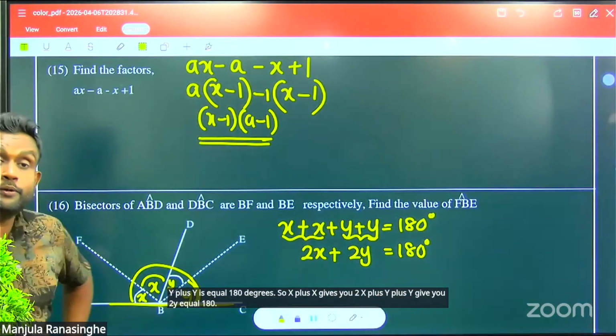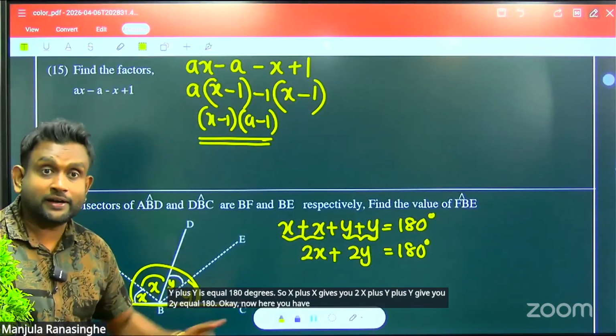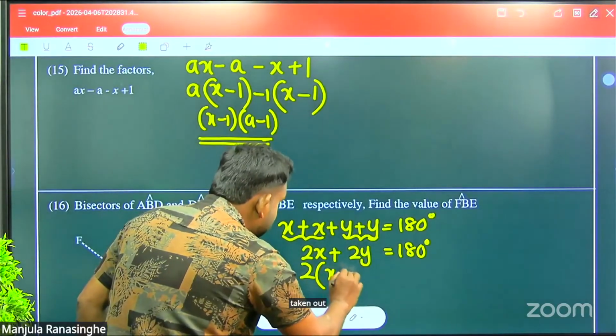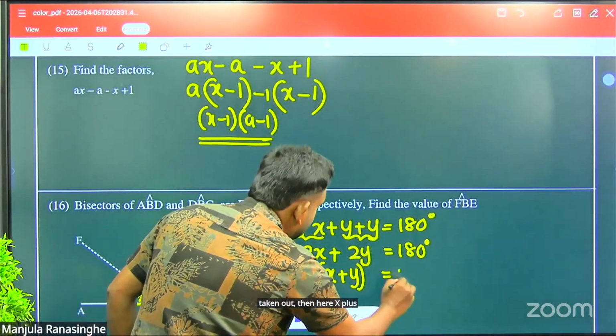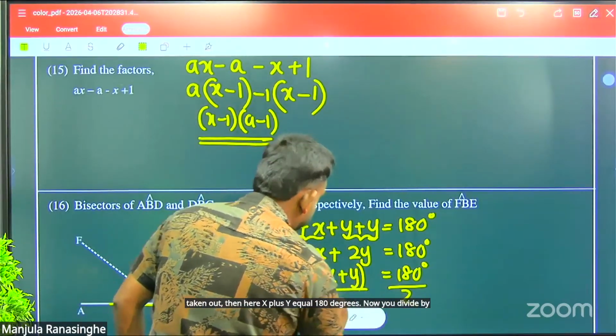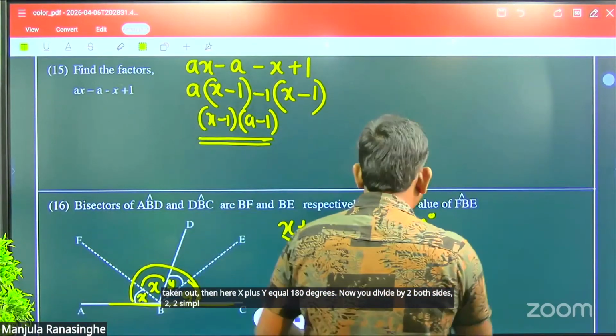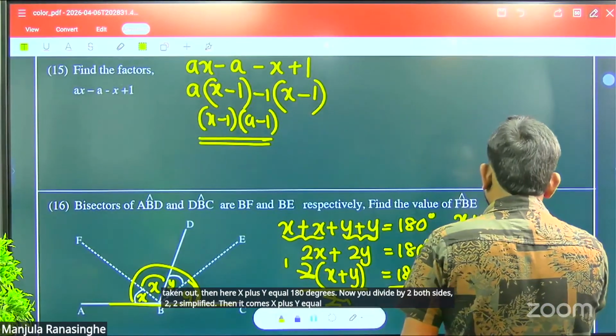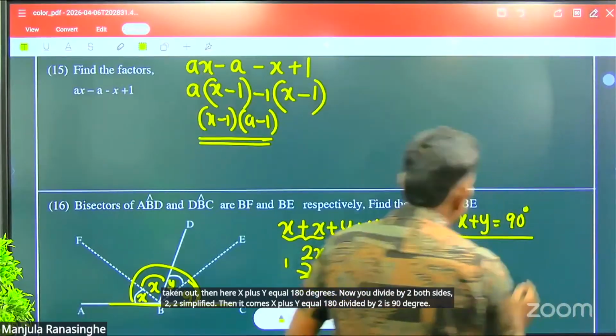Okay. Now here you have a common factor on the left side. What is that? 2 taken out. Then here x plus y equals 180 degrees. Now you divide by 2 on both sides. 2 simplified. Then it comes x plus y equals 180 divided by 2, which is 90 degrees.